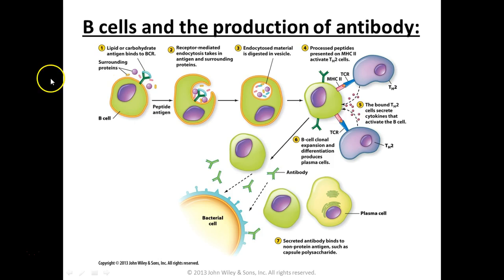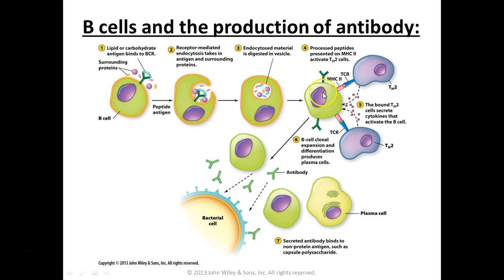But when these B cells internalize stuff, they pick up proteins in the area. So they might be picking up other pieces of the bacteria or the whole bacteria itself, or the virus. And they're going to process that, and it's the protein components that are actually going to get presented via MHC class 2, right, to the helper T cell. We know this is the Th2 subset that is going to help stimulate these B cells.